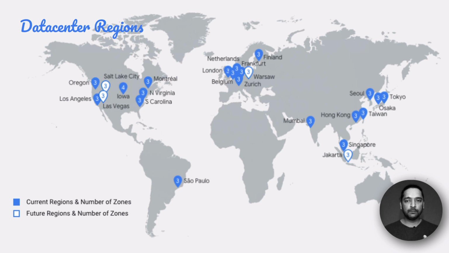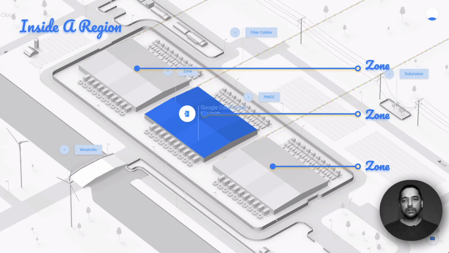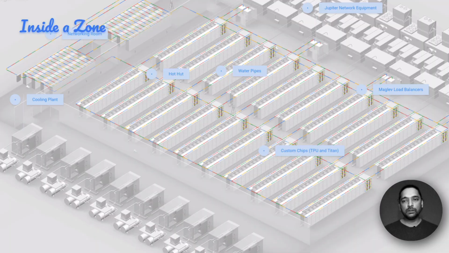The ones with the white fill marker are the ones that are planned for the future. Within these regions, there are multiple zones, typically 3 or sometimes 4. And within the zone is all the hardware and the chipsets and the hard disks that are all interconnected with a very fast Jupiter network.